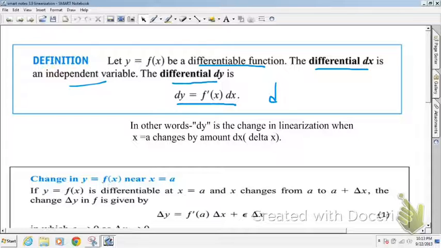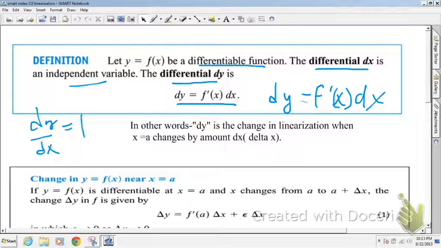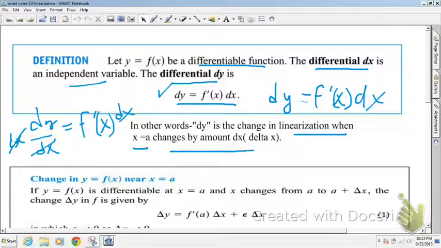Notice that dy is really f prime of x dx, but you already know that, because you know that dy dx is notation for f prime of x. So even if you just use some basic algebra and multiply both sides of the equation by dx, you would know that. In other words, dy is the change in linearization when x equals a changes by amount delta x.